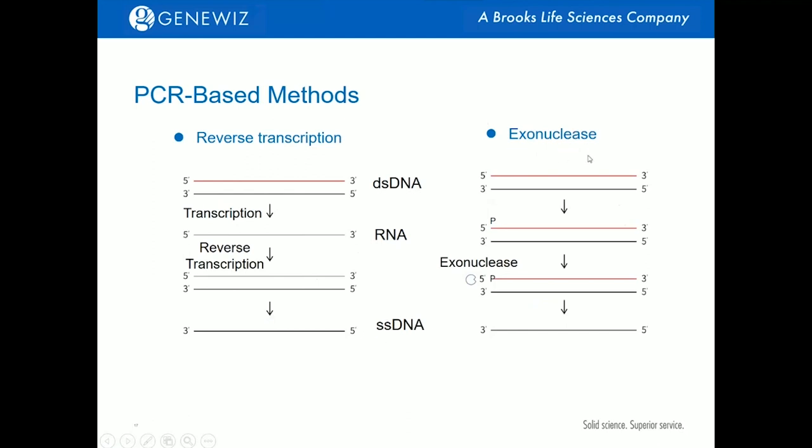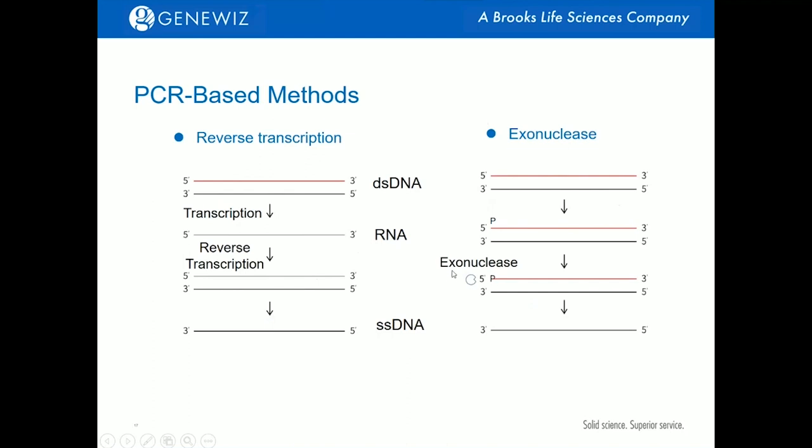Similarly, for the exonuclease method, we start with a double-strand DNA template, and we do a PCR, but only one type of primer is phosphorylated. After the PCR reaction, you have an increased amount of double-stranded DNA, but only one strand has its 5' end phosphorylated.